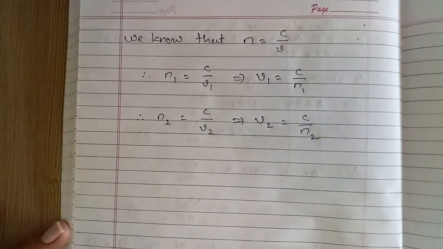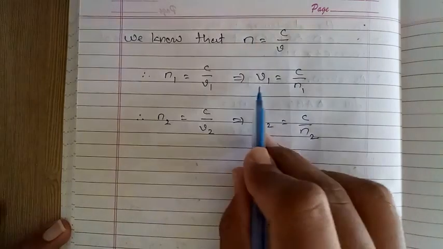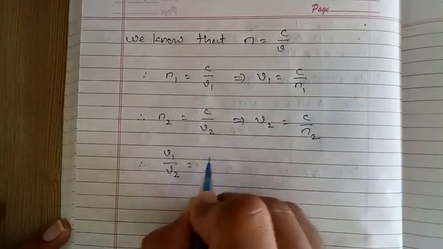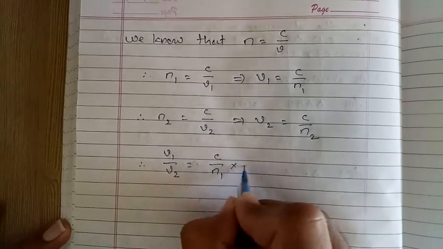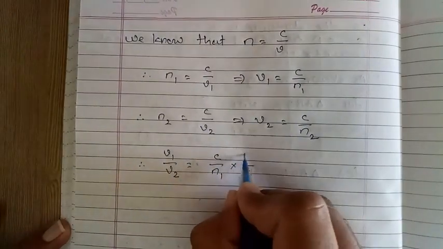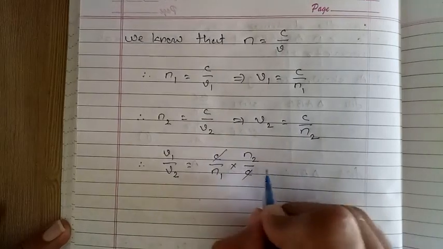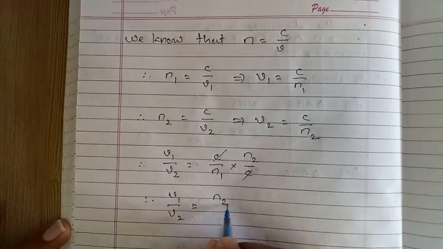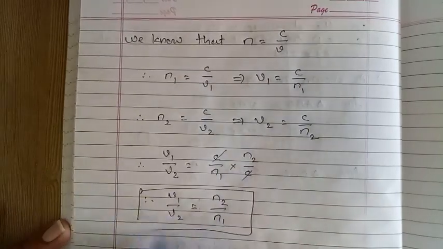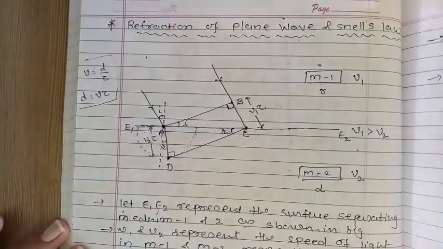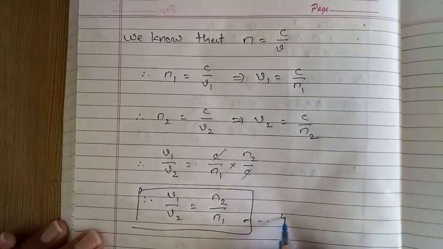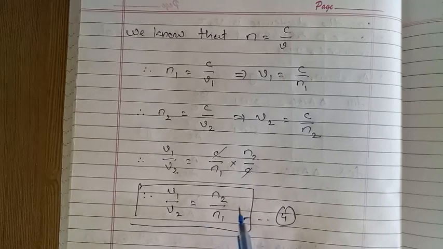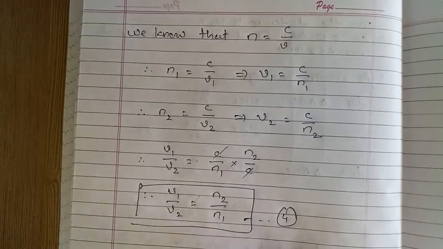So V1 upon V2 is equal to C upon n1 divided by C upon n2. C cancels, so we get V1 upon V2 is equal to n2 upon n1. This is our equation number 4, so you have to remember this: V1 upon V2 is equal to n2 upon n1.